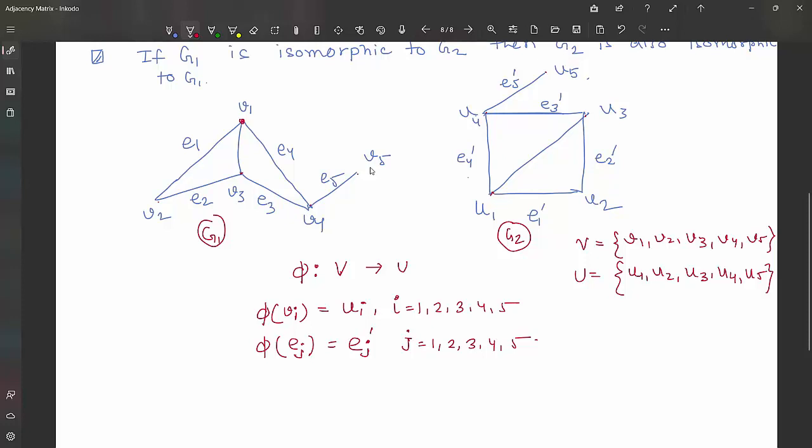That means corresponding to every Ej prime, you will get one Ej here, and similarly for every vertex here, you will get another vertex in the set G2.